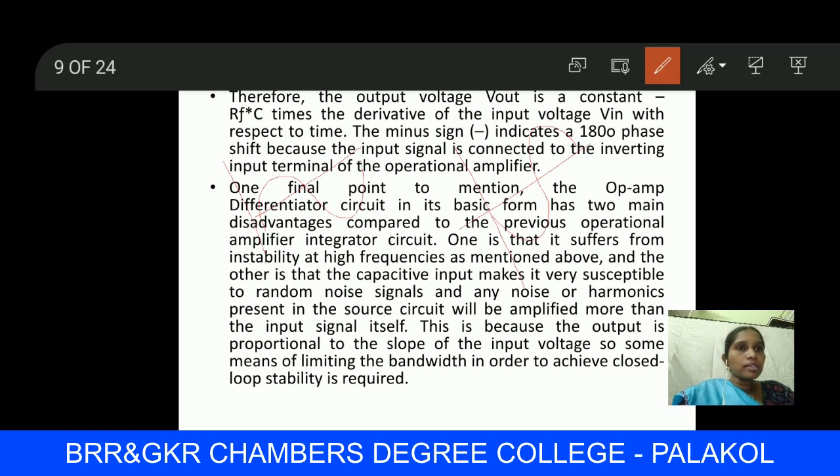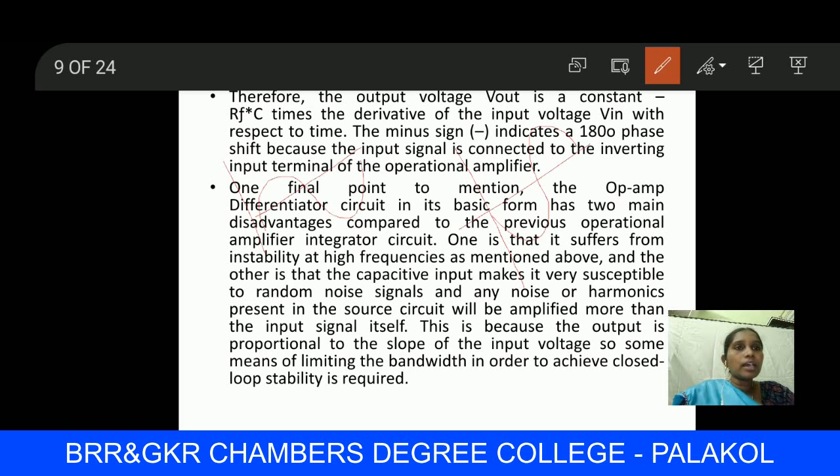This is because the output is proportional to the slope of the input voltage. So some means of limiting the bandwidth in order to achieve closed loop stability is required.